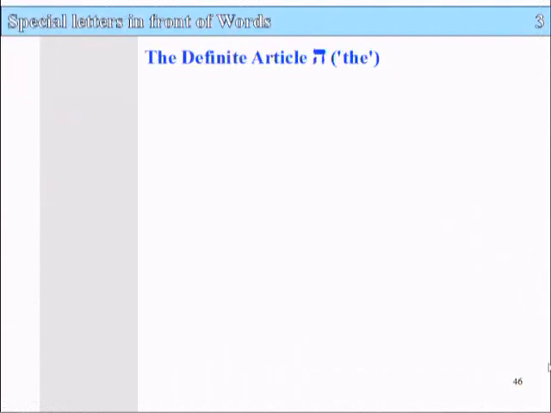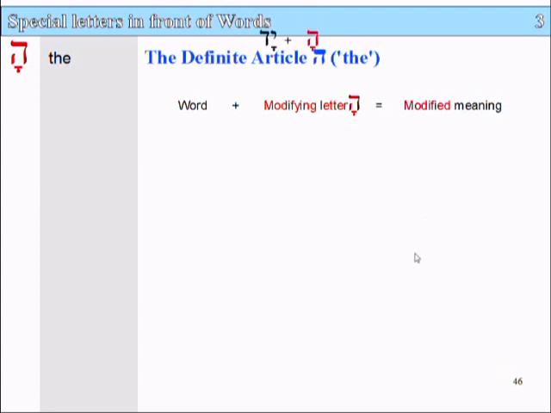Slide 46, Lesson 3, Special Letters in Front of Words, the definite article hey, or the. Here we have our word, plus the modifying letter hey, which means the, and we get the modified meaning, the something or other.